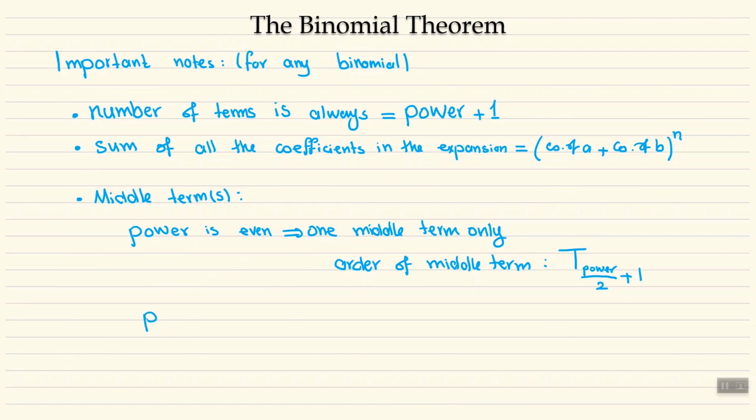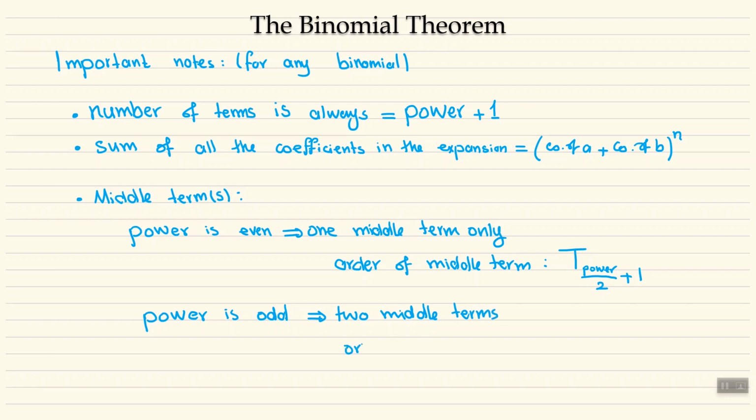Okay. If the power is odd, then we will not get one middle term. We will get 2 middle terms.